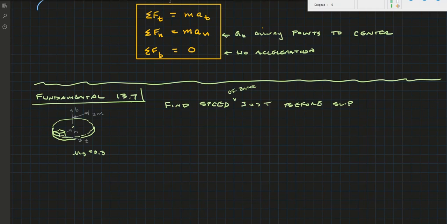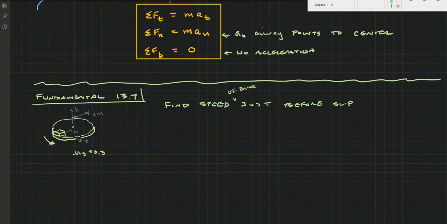First off, let us set up our free body diagram. So notice I orient my axes so that the normal points towards the center and the tangential is in the tangential direction as this thing spins. And B is out of plane.